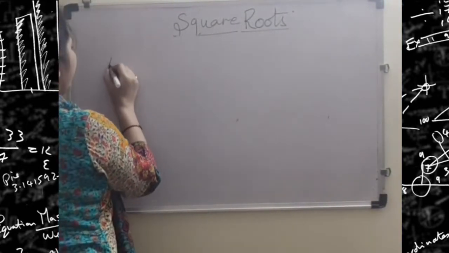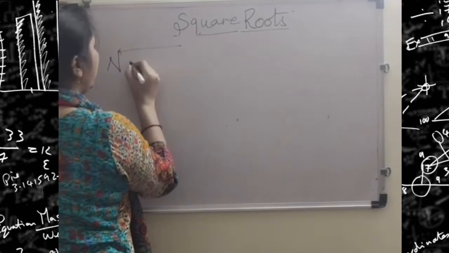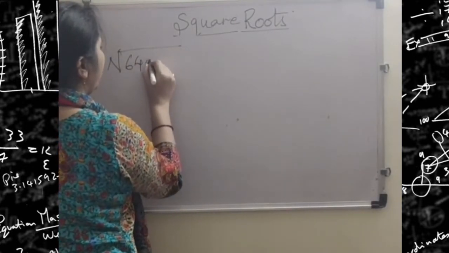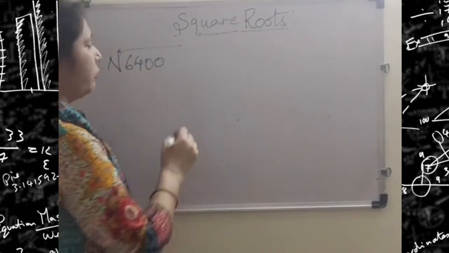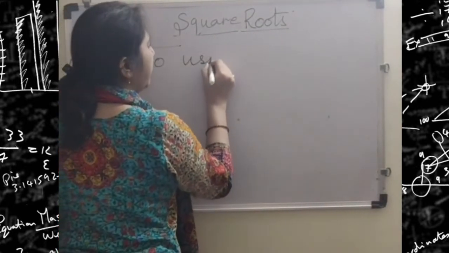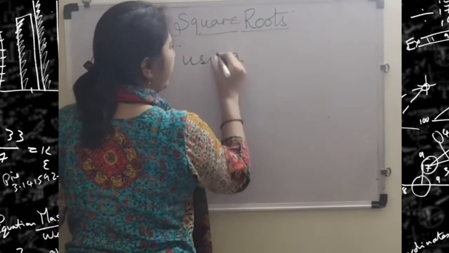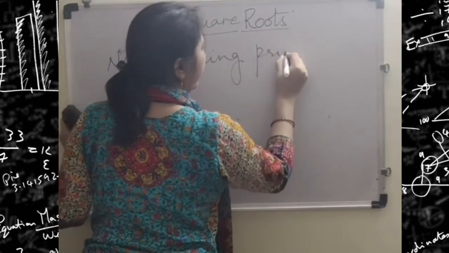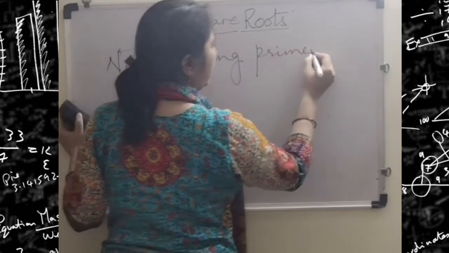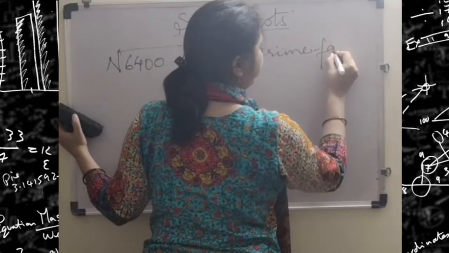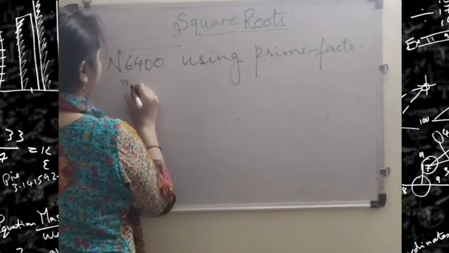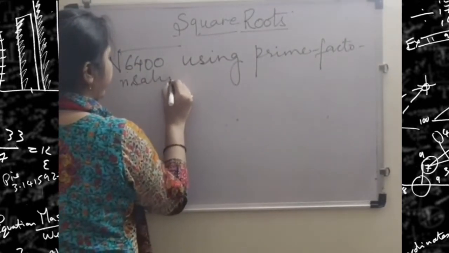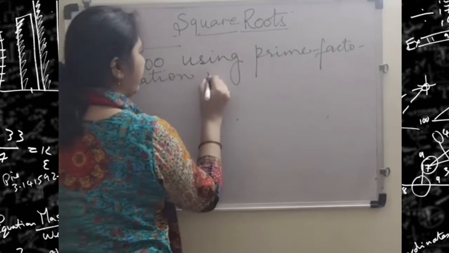Say we have to find square root of 6400 by using prime factorization method.